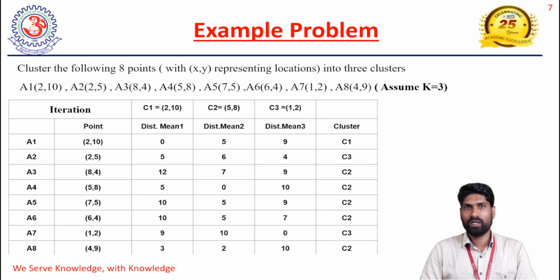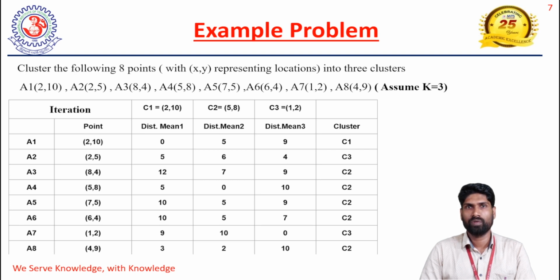So cluster center C1 has the value 2 comma 10. We calculate the distance from C1 to A1, A2, A3, A4, A5, A6, A7 and A8. We are using Manhattan distance, which is very easy. Distance D is equal to modulus of x2 minus x1 plus modulus of y2 minus y1.